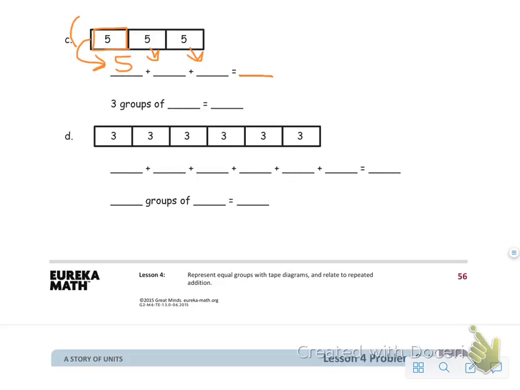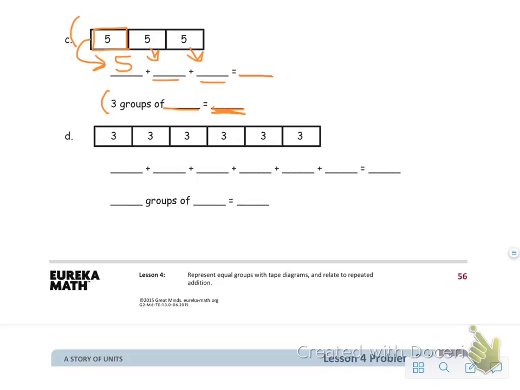So this would be 5 plus 5 plus 5 more. And then come down here, and obviously we have 3 groups of blank is equal to blank, so this right here is going to be the total as well. So go ahead and pause and try this one on your own.